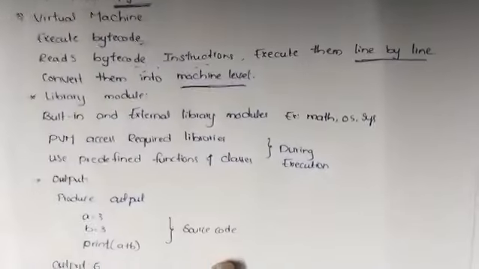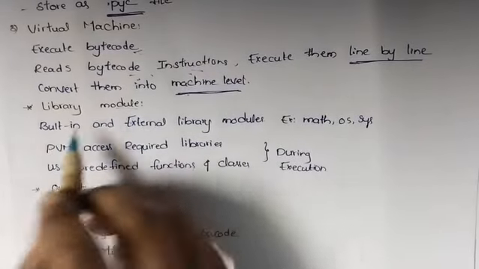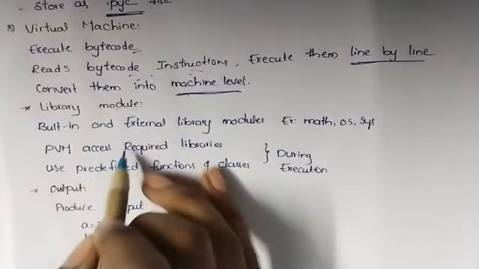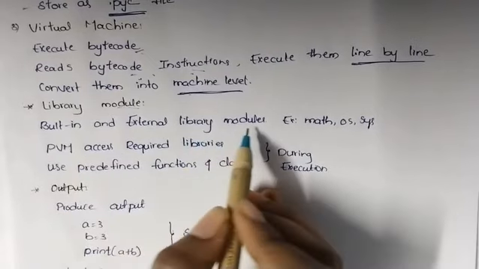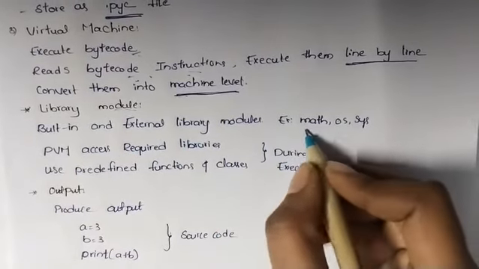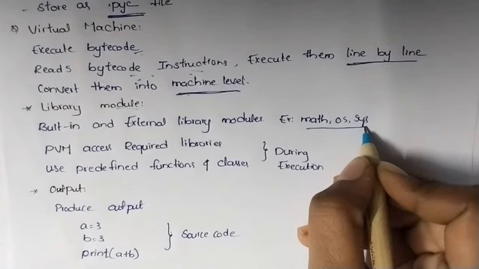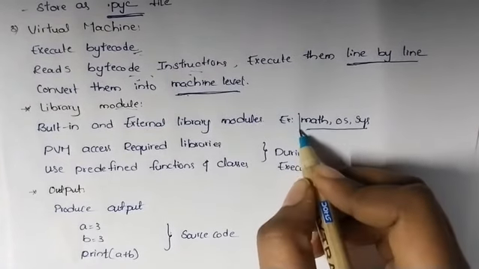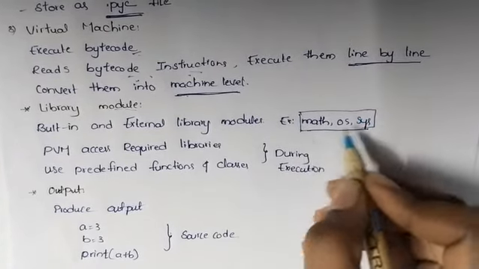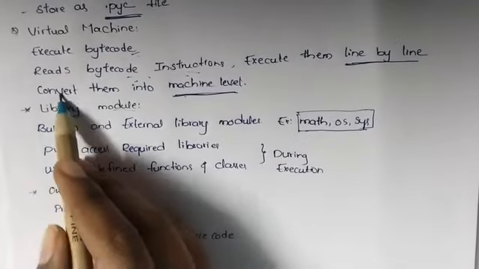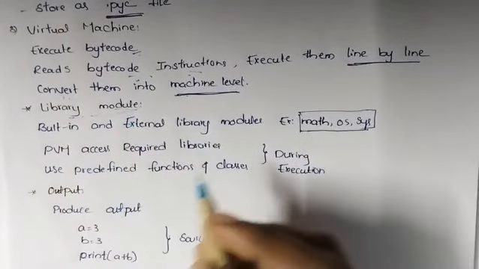Okay, next up, library modules. These consist of Python inbuilt and external library modules like math, os, sys. These types of libraries contain predefined functions. These are all contained in library modules.